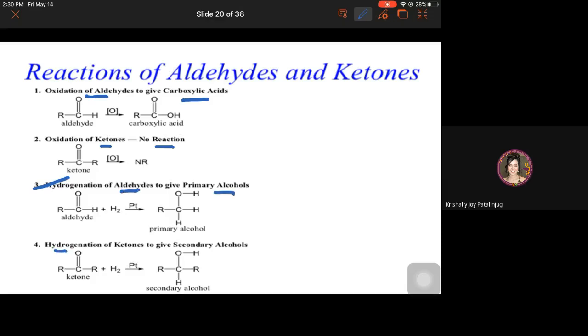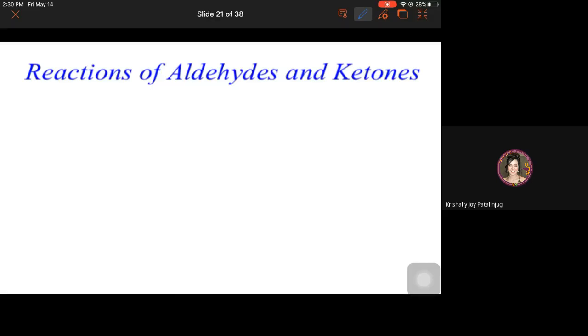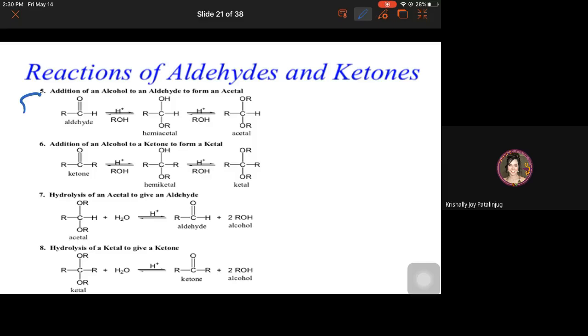Hydrogenation of ketones gives a secondary alcohol. Intermolecular addition of alcohol to aldehyde forms the final product acetal, whereas for ketone it forms the final product ketal. Then the last slide, hydrolysis of acetal forms the original aldehyde, and hydrolysis of ketal forms ketone.